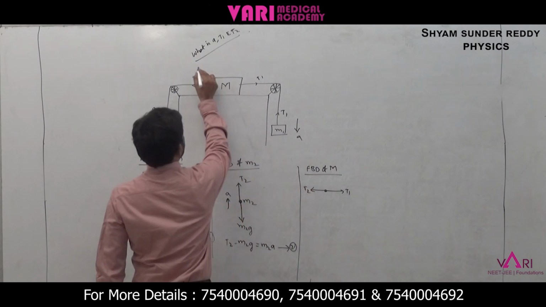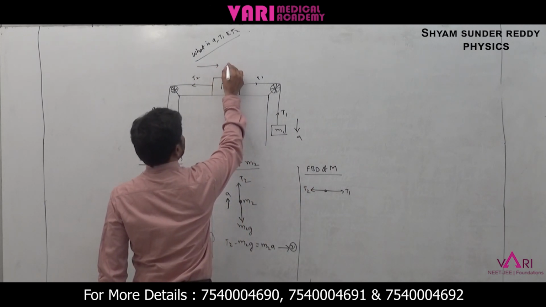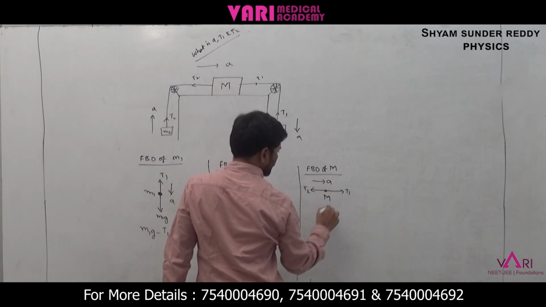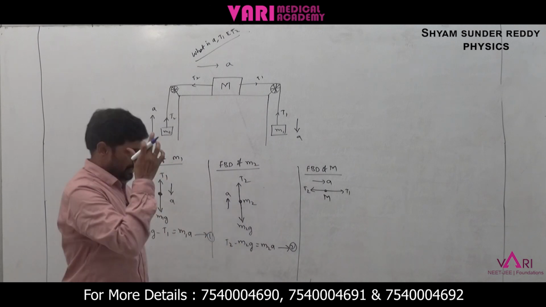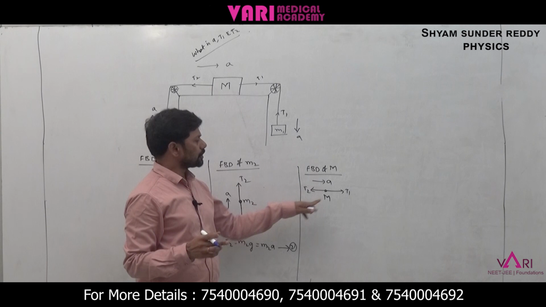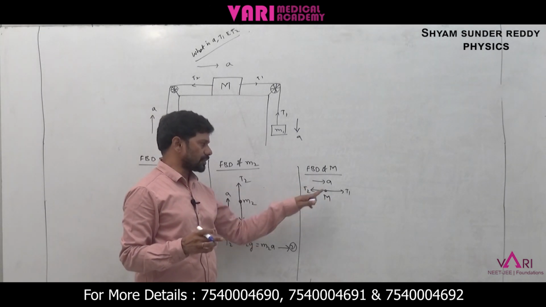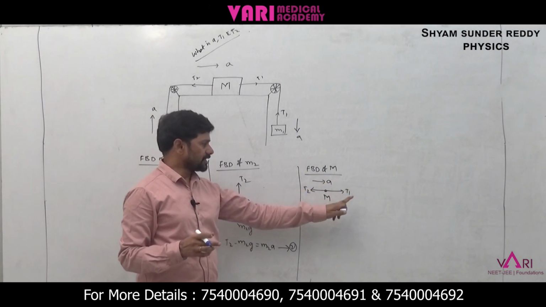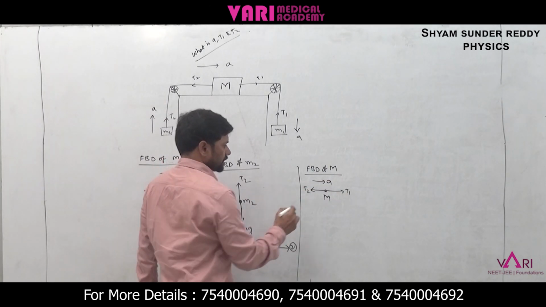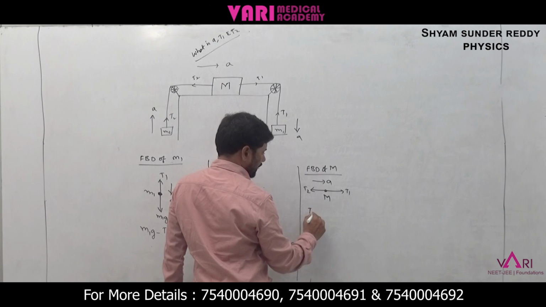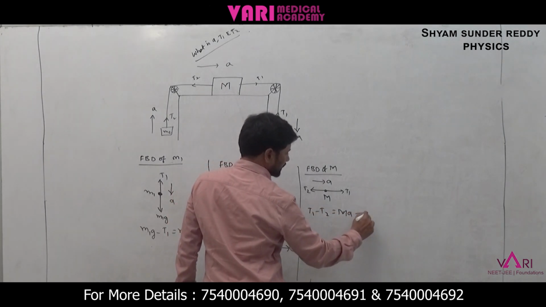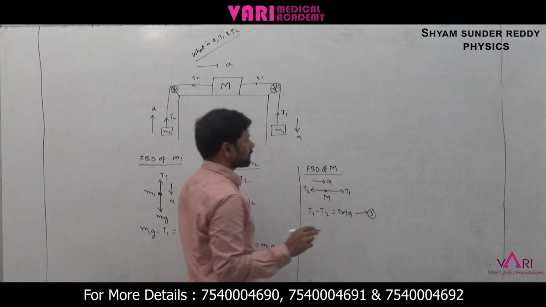The acceleration A is on this side, so T1 is more compared to T2. So T1 minus T2 is equal to MA. The forces will be balanced. This is the third equation.